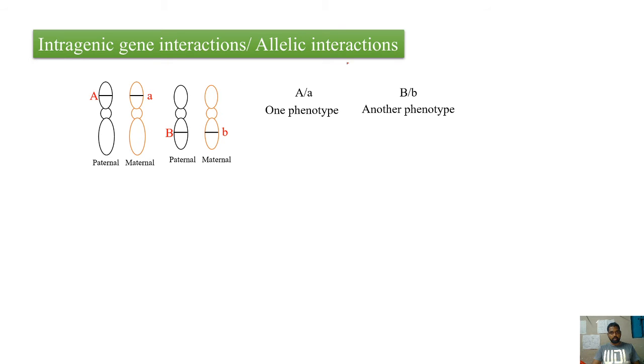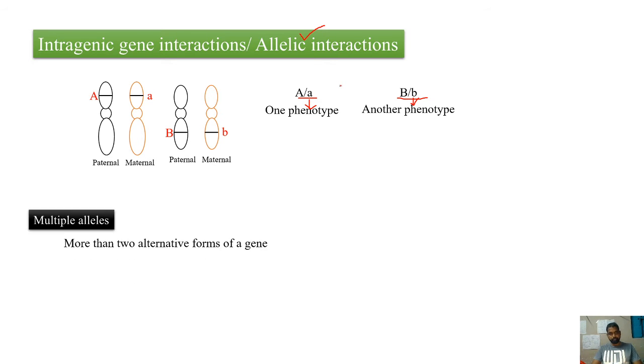Okay, when it comes to the intragenic interactions or allelic interactions, just now we have seen this is one allelic pair, this is another allelic pair, and each one is responsible for a different phenotype. This is what allelic interaction is about.